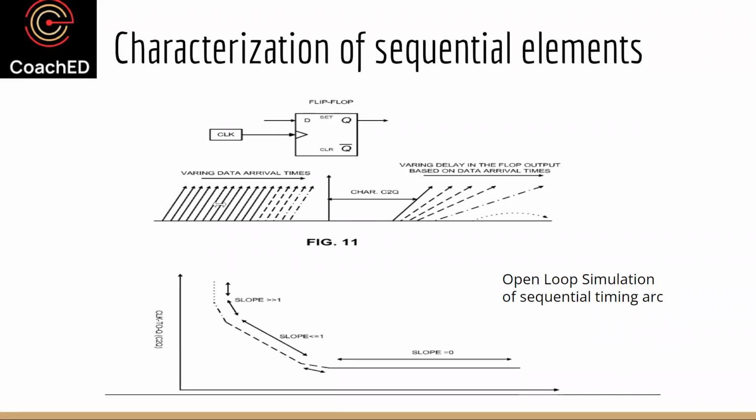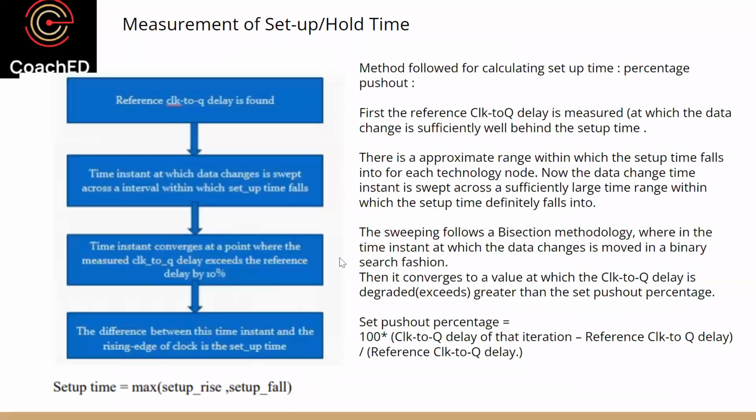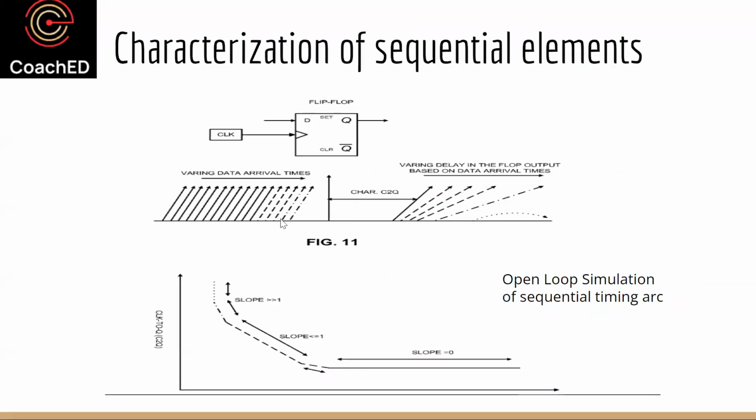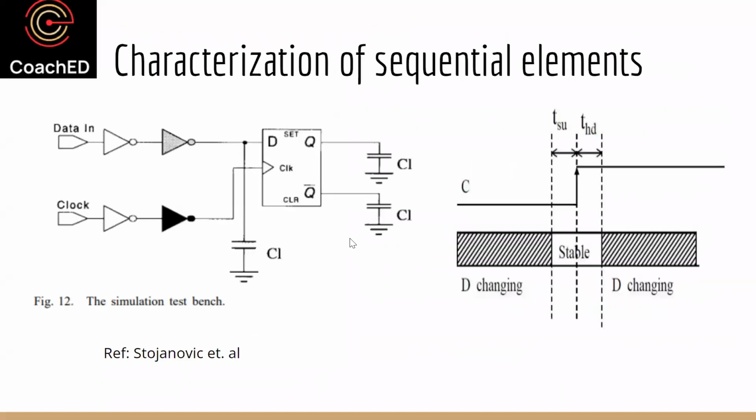Okay, so what I'm asking is, it's a flip-flop. So which means, let's say if I want to measure the setup time, I need to change the data transition. I need to vary the clock transition. Right? That means let's say there are 7 possible data transition values. There are 5 possible clock transition values.